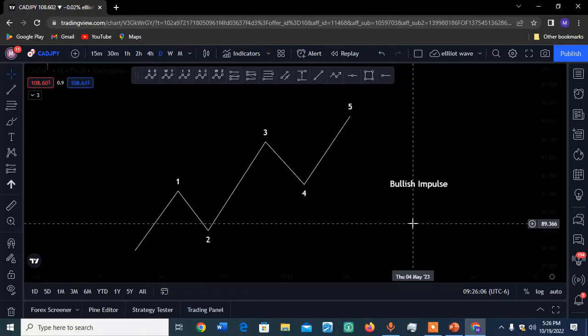Hey everyone, we're back here to TradingView. So let's imagine we're on the daily time frame, and we have assumed a certain price formation that we feel is a 5-wave pattern.